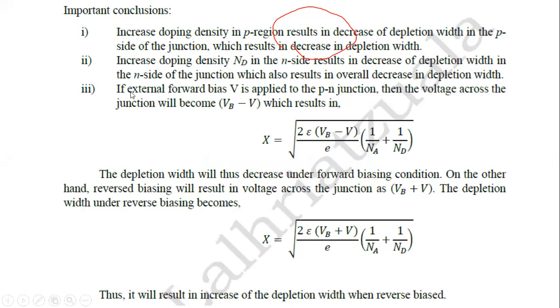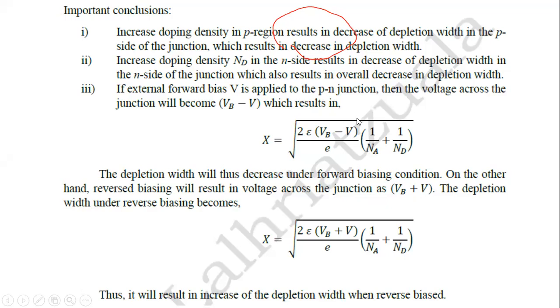Now, if you connect a certain external forward bias voltage, as you remember from the previous class, this is opposite to the barrier potential. So if the barrier potential is taken as plus VB here, the forward biasing voltage will have to be minus V here.